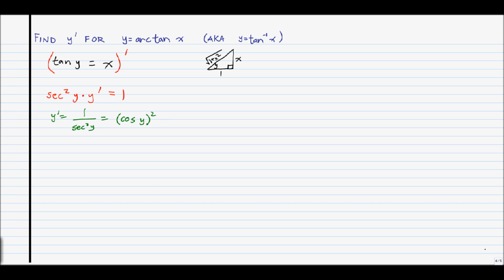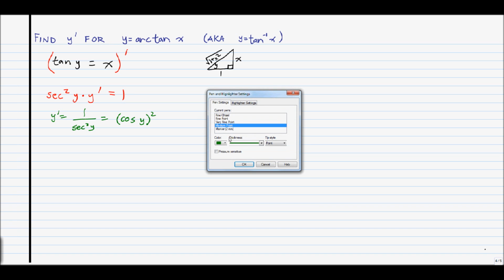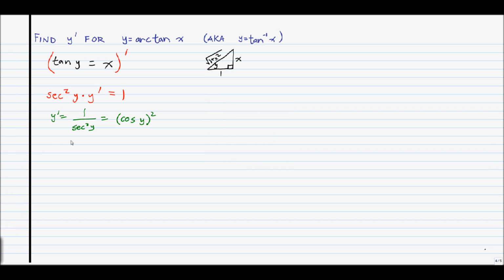So from here, all we have to do is go back up to our little picture. Look at our triangle and see what cosine is. Cosine is adjacent over hypotenuse. It's going to be 1 over the square root of 1 plus x squared.